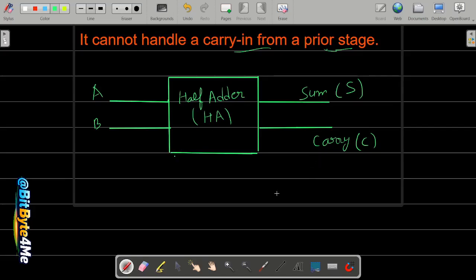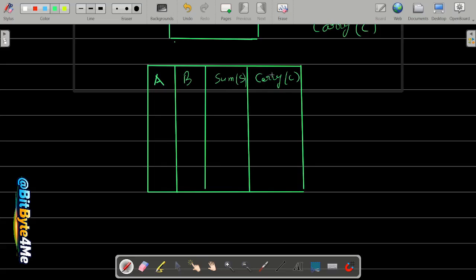Now see the truth table for this half adder. So this is basically truth table for half adder.